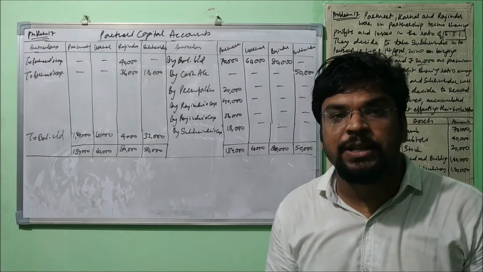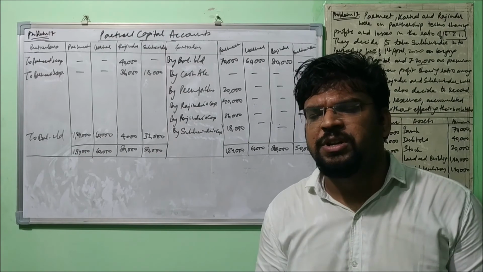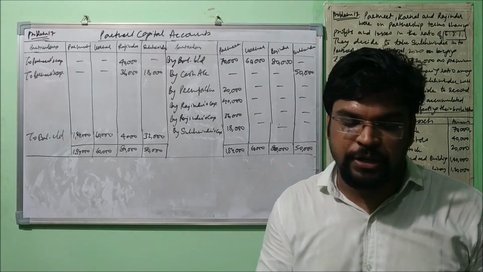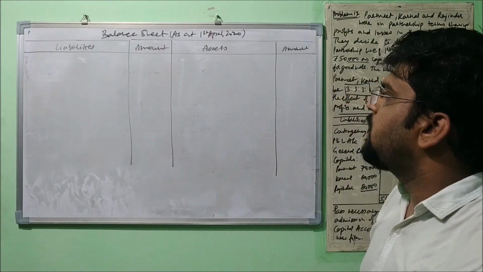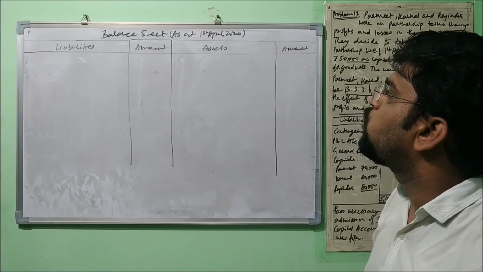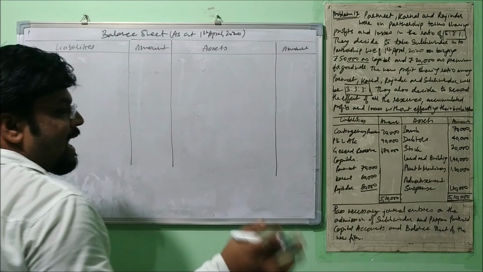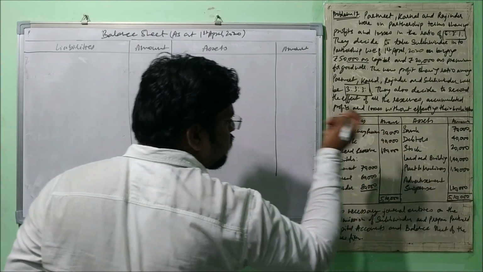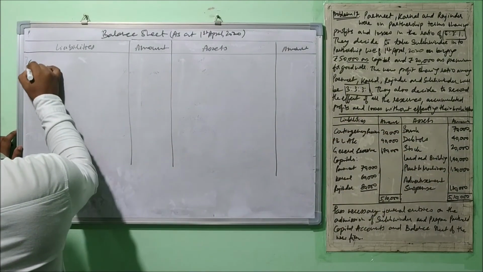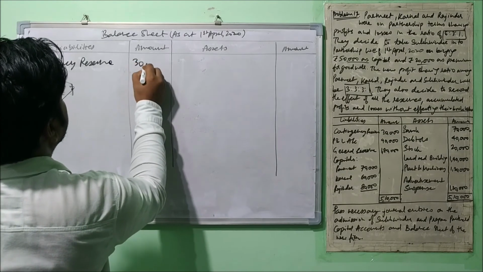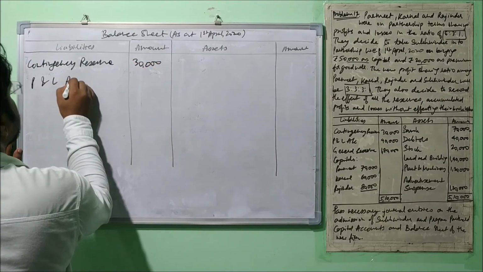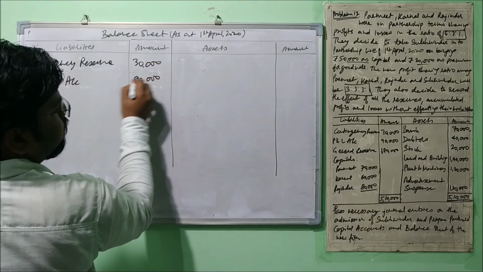Now it's time to prepare the balance sheet, and balance sheet preparation is pretty easy in this case. Alright, so this is the format of the balance sheet as at 1st April 2020. Liability side and asset side. Let's put the values here. As the values are not supposed to change, similar values will be put here. Contingency reserve, 30,000. Profit and loss account, 90,000.